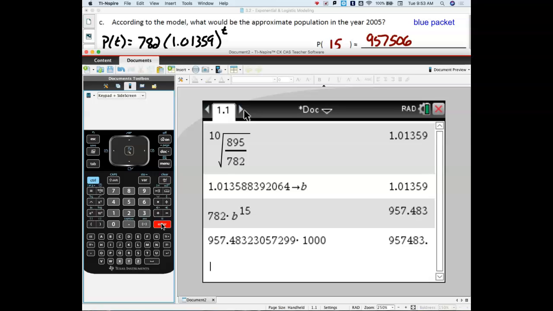I stored my b here in my calculator as b. How do we do that? Control var. So I stored b as b, and then used it as b in the problem. Mine then was a little more exact than yours because you rounded yours. Not saying that there's anything wrong with that, because we did go out to 5 decimal places. We want to be as exact as we can, okay?